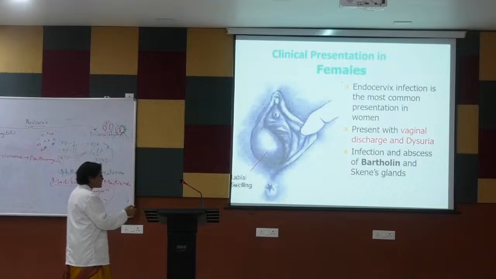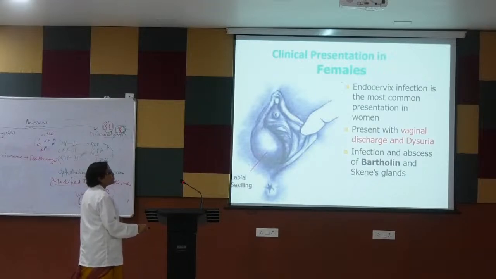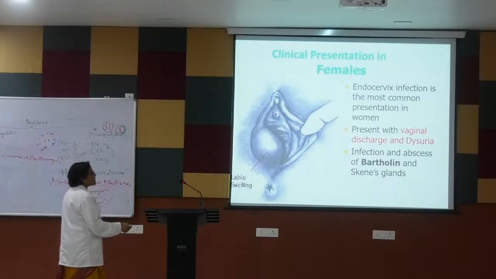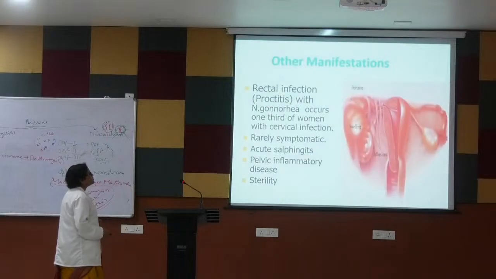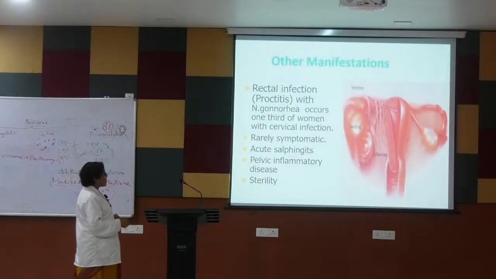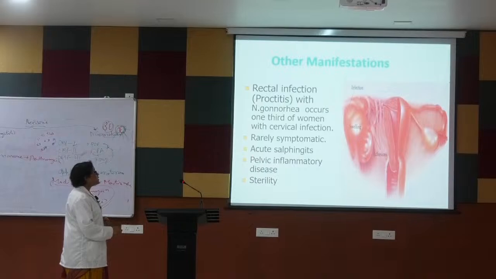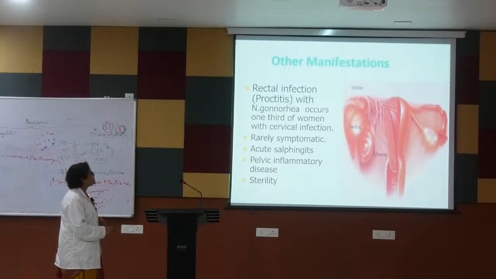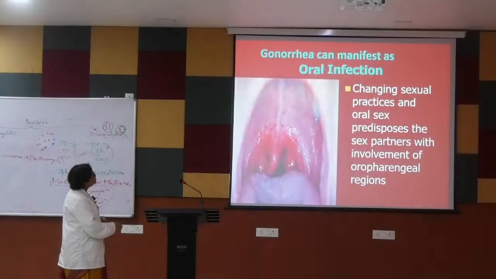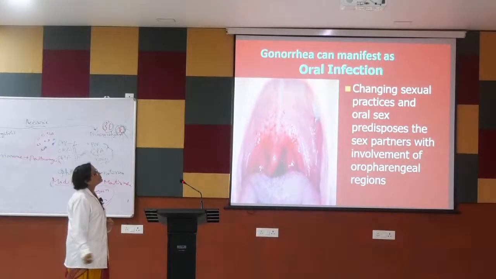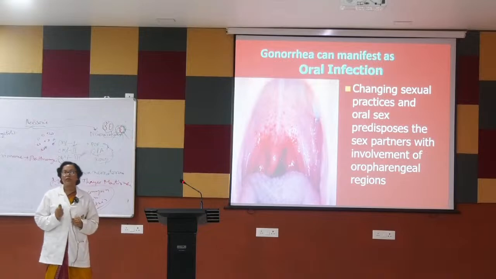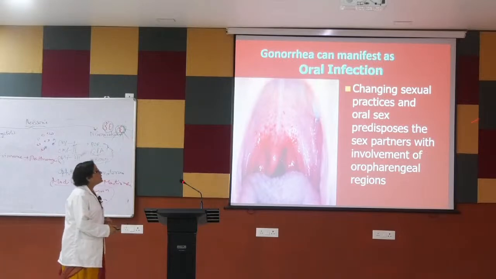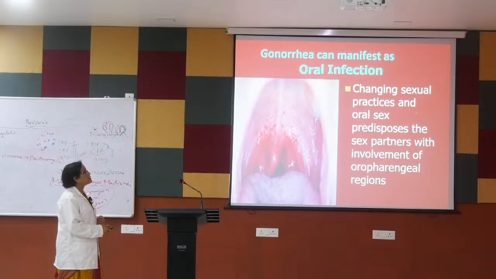Bartholin gland: you can see there is vaginal discharge and dyspareunia, and the infection is also in the Bartholin gland. There is pelvic inflammatory disease and ultimately infertility. Oral infection occurs through oral sex.